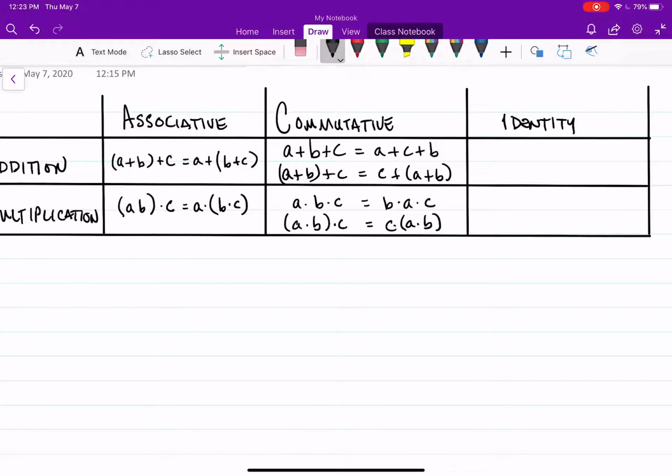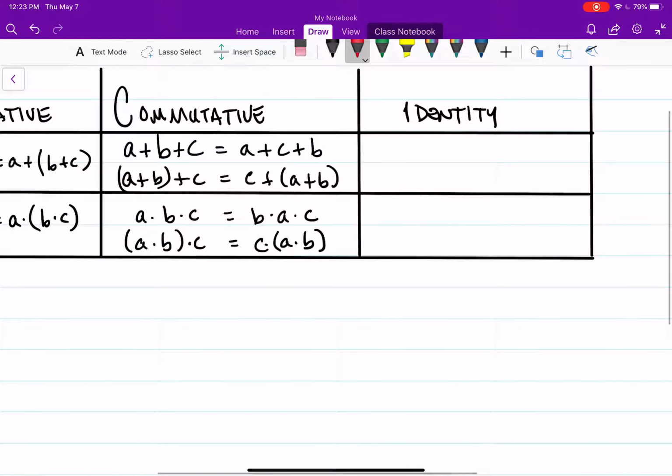So I take A, what do I add to A so I then get A back again? Identical result. And the answer is 0. A plus 0 will give me A. So the 0 is the identity property of addition.